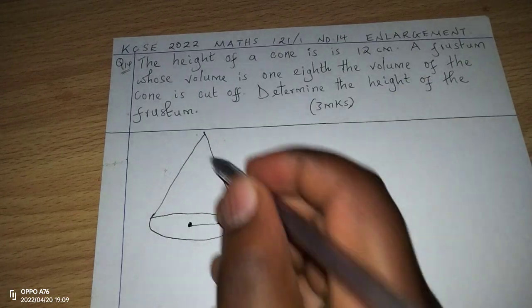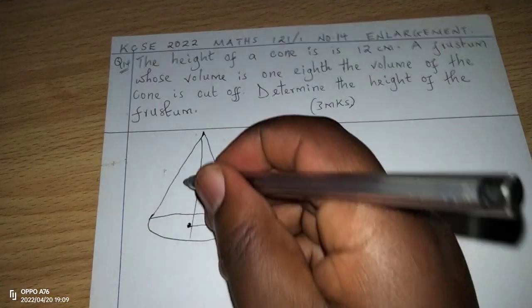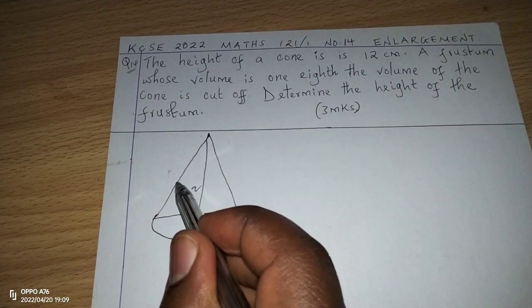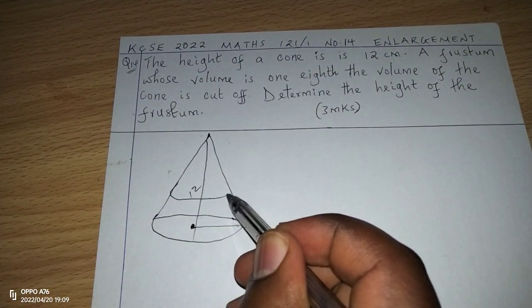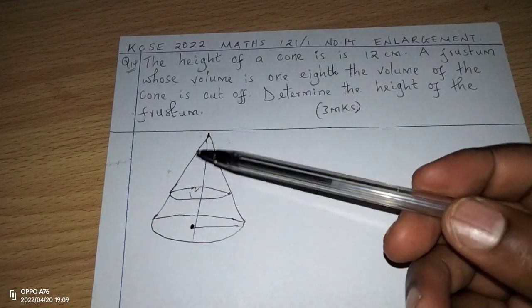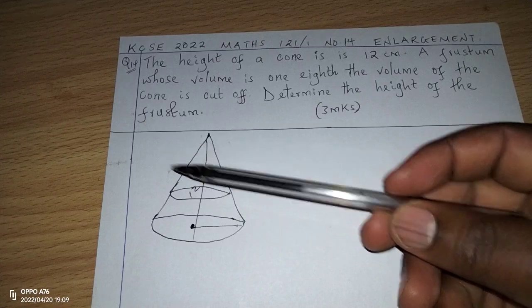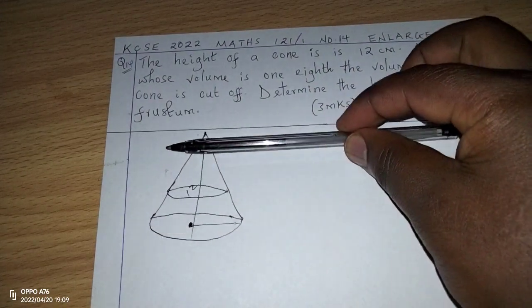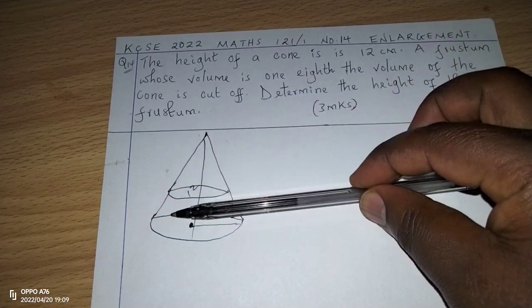We are told that the height here is 12 centimeters. Now, a frustum is cut off when this pyramid is cut at a plane which is parallel to the base. What we obtain here is a small cone and a frustum.